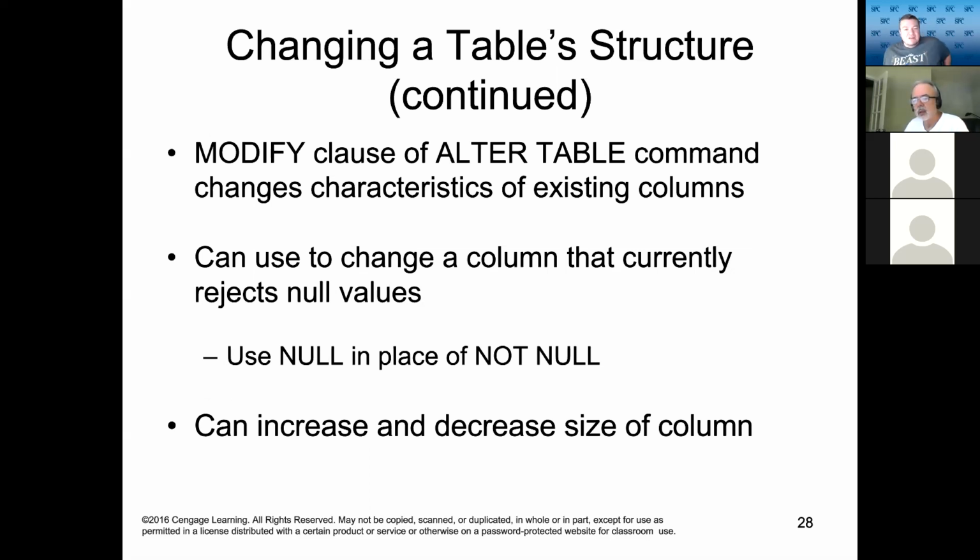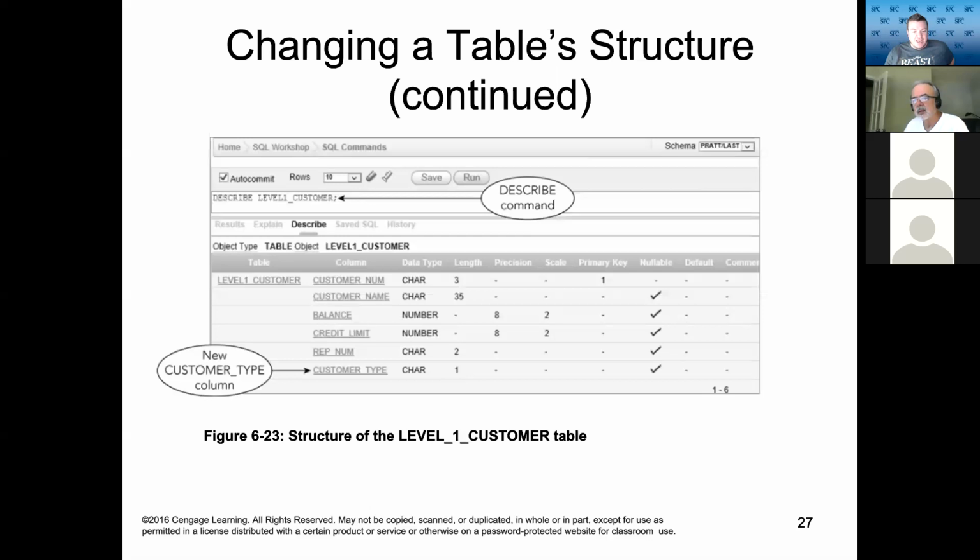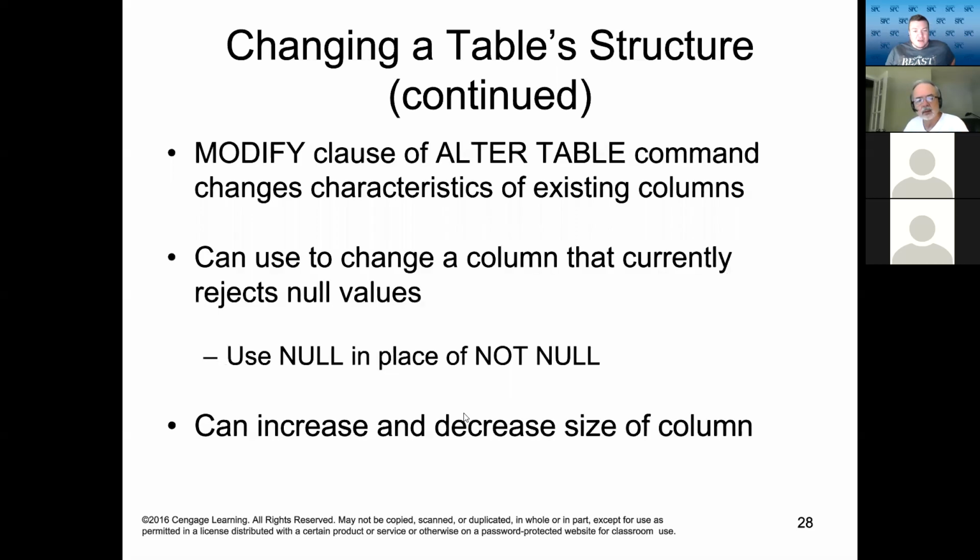We can use the modify clause of the alter table to change those characteristics of an existing column. So we have a table, and let's say we want to change this customer type. Now that we've added it, we want to change this from a char with a length of 1. Maybe we want to change it to a number like we've been talking about, where we use a lookup.